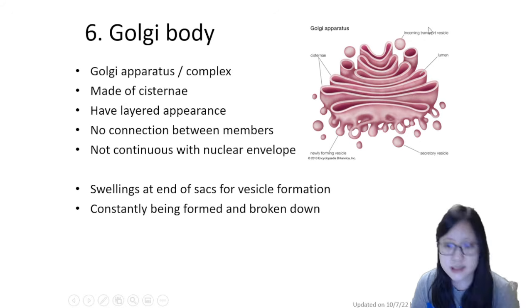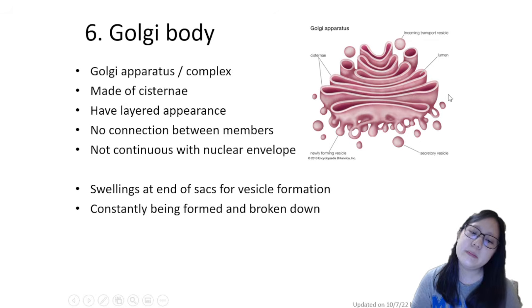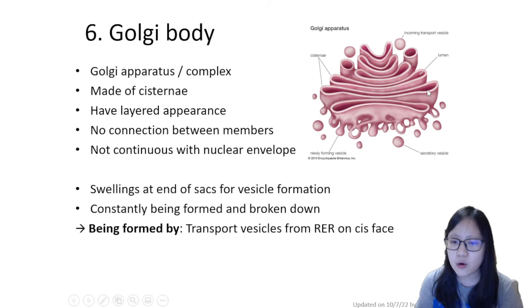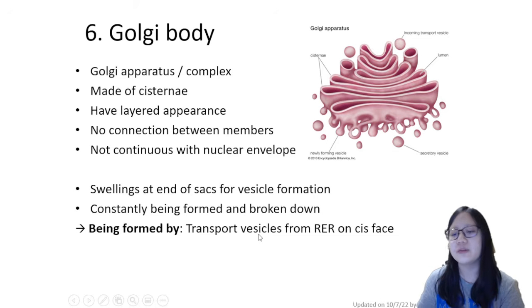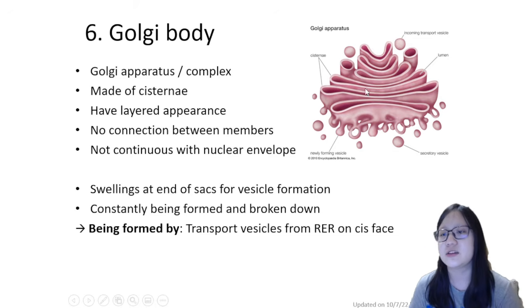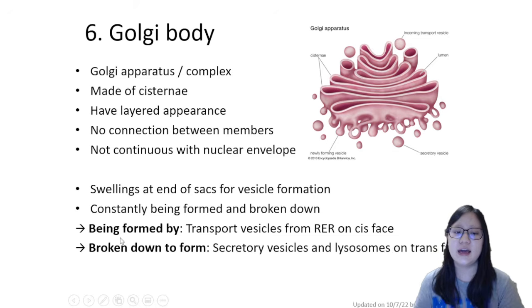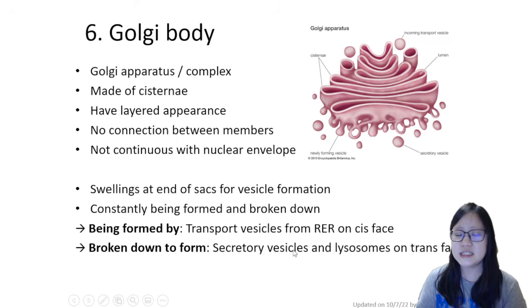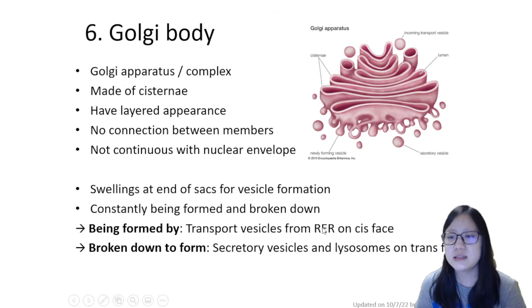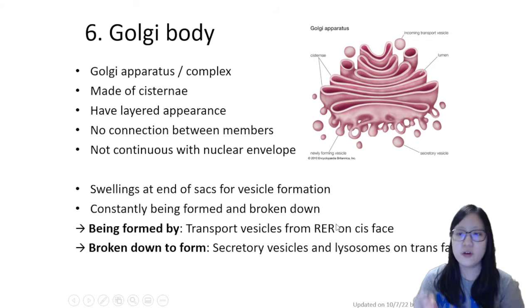This is because it's constantly being formed and broken down by these vesicles. It's being formed by transport vesicles from the rough endoplasmic reticulum on the cis face, and it's being broken down continuously to form secretory vesicles and lysosomes on the trans face. And what this means is that it's forever evolving and moving.